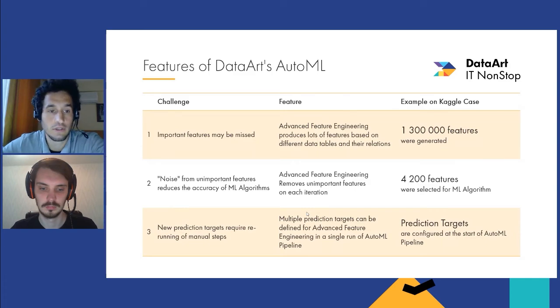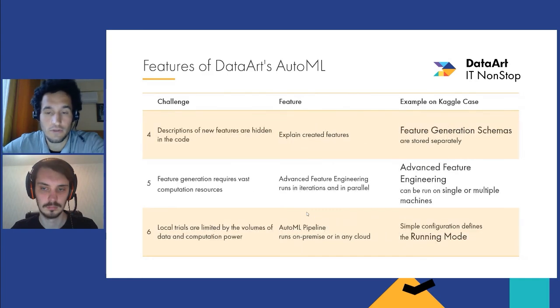And regarding a couple more features of DataArt's AutoML solution, I can say that feature generation schemas are great, as they are stored separately, and they are used to run the computations, and also they are used as explainable blueprints of the features.